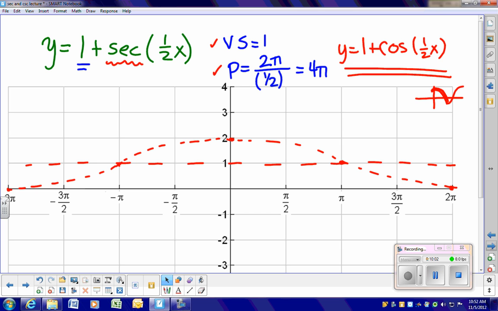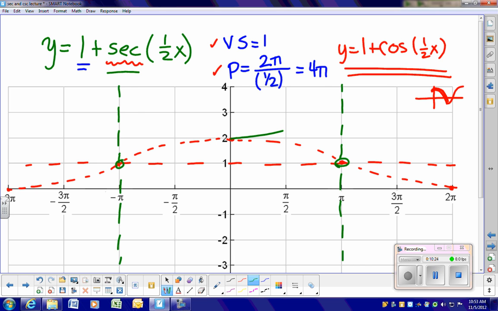Now, take a look at this, and what we actually want to graph is secant. That was actually the problem. So secant is going to have vertical asymptotes wherever the cosine curve crosses the midline. So these are going to be my vertical asymptotes. And wherever there's a hill, I'm going to have the smiley face.